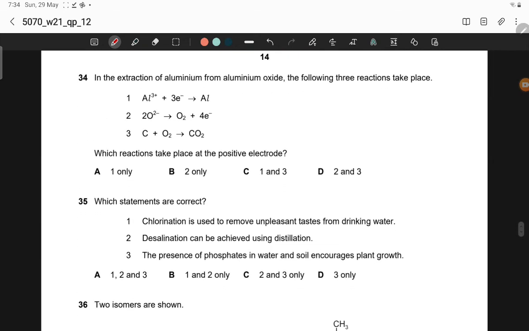Question number 34. In the extraction of aluminium from aluminium oxide, the following three reactions take place. Which reaction takes place at the positive electrode? Aluminium forms positive ions, so it is at the negative electrode, and negative ions happen at the positive electrode.